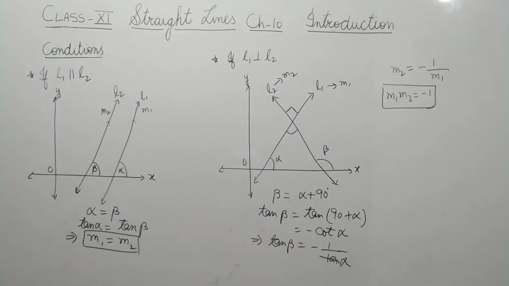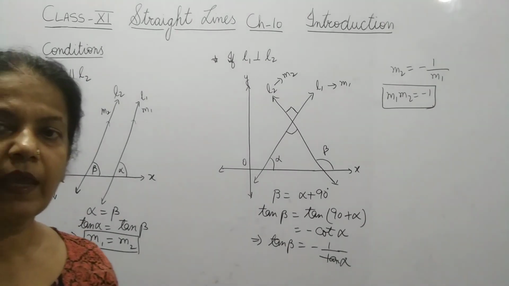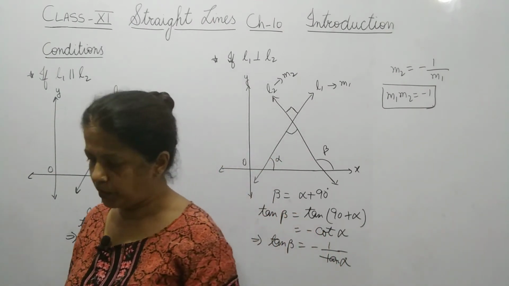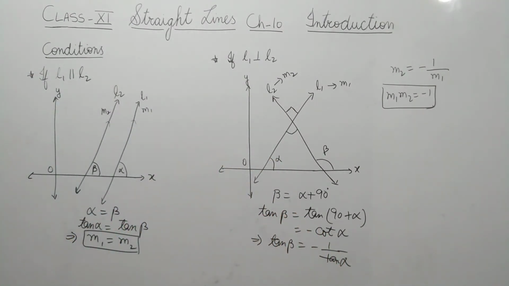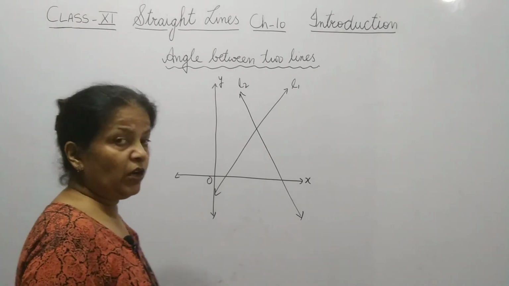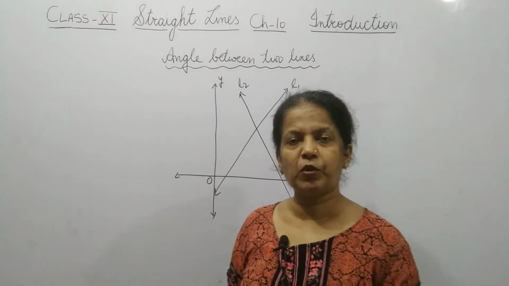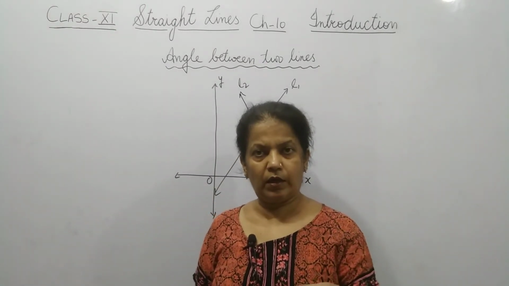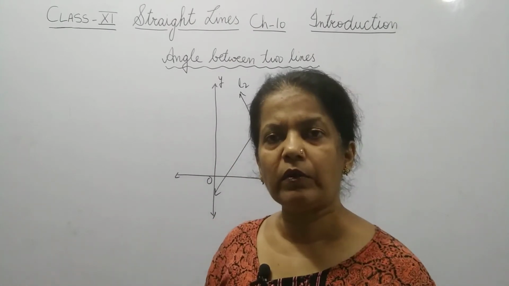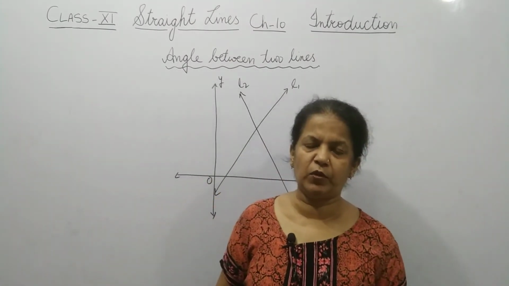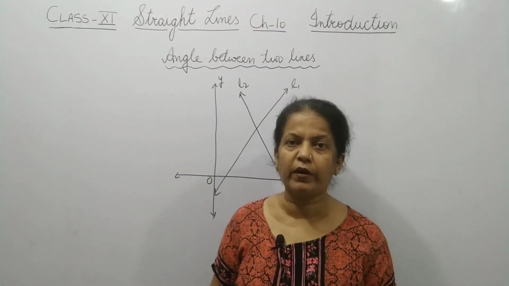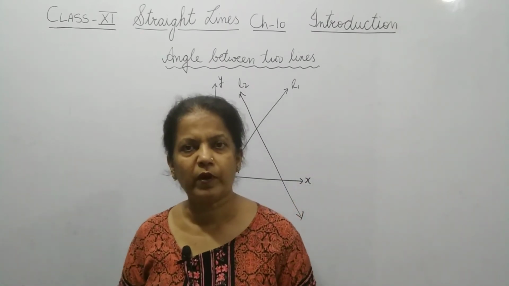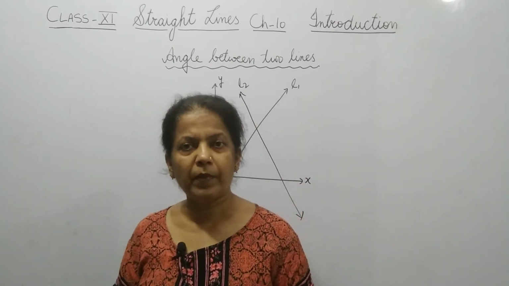Now let's go for the next topic, that is angle between two lines. To find out the angle between two lines, just now we have learnt that if the angle between two lines is perpendicular or 90 degree, then the slopes will be m1 m2 equal minus 1.